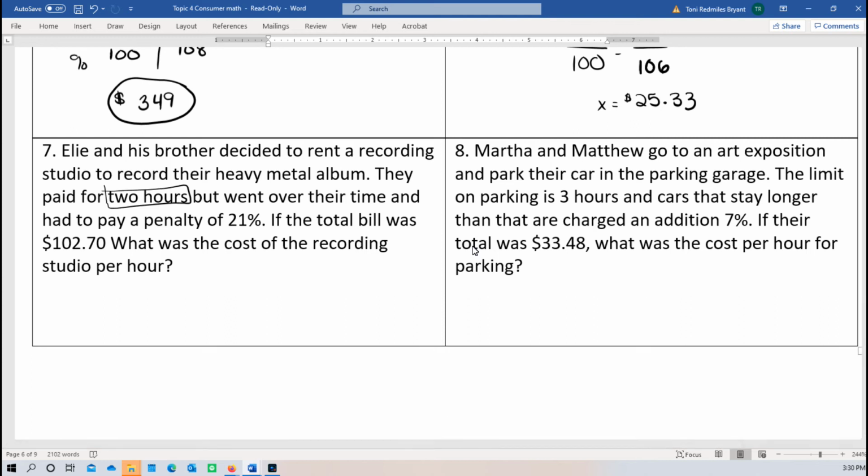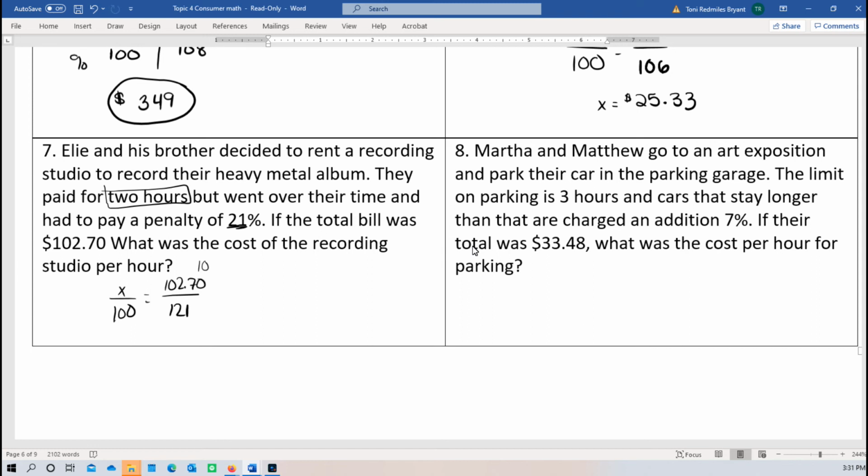Okay, so first thing I need to do is figure out what the penalty was. So that, I don't know what the original was, but I know that's 102.70 over 121. So I got to do this math real quick, and it's going to be 102.70 divided by that 121, or you can multiply it to the 100, then divide. It really is up to you.